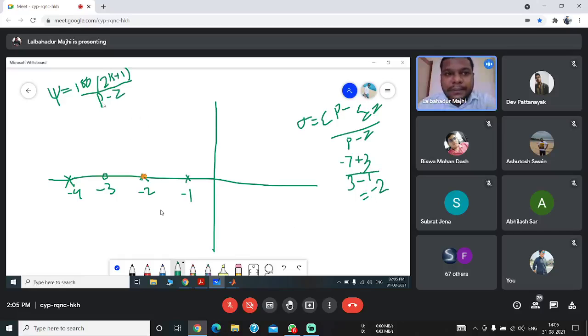So if we put k equal to 0, then it will be this 180 divided by 2. So we will get 90 degrees. Similarly, if we put the value of k equal to 1, then it will be 3 into 180 divided by 2. So it will be 270. The second angle will be 270.